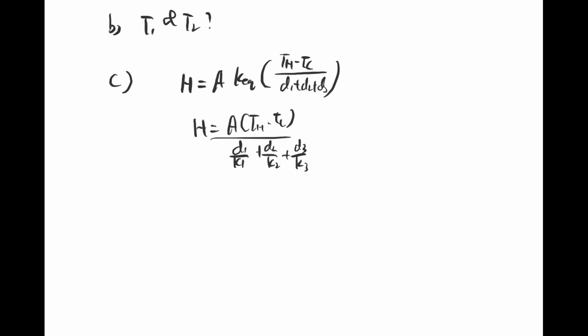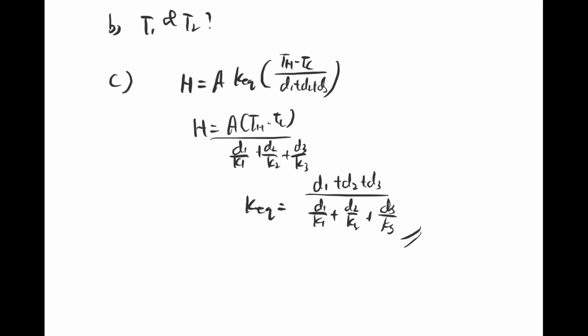And at the end, if you equate these two, A and TH minus TC cancel out. So what you have is K equivalent is just D1 plus D2 plus D3 divided by D1K1 plus D2K2 plus D3K3. And basically that's it. It's really straightforward, I guess.